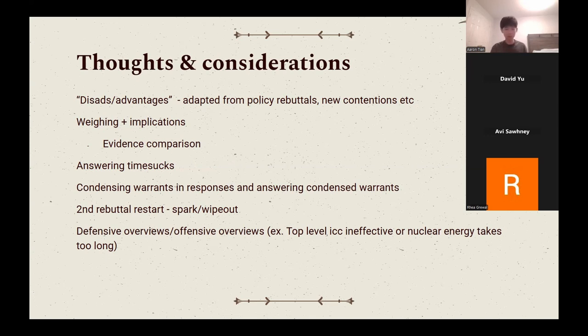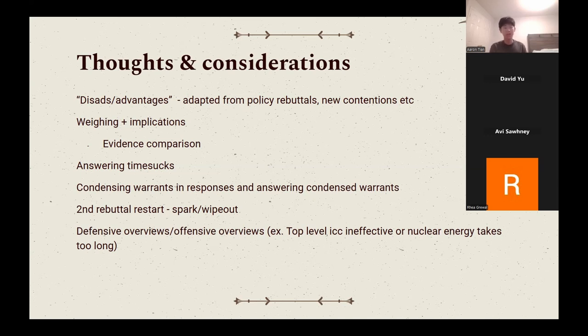Okay. Yeah, and the next thing I was going to get into is weighing and implications. So every piece of offense that you read in the round should be weighed and implicated. And that's obviously how the offense is going to be evaluated through the lens of the judge. But one really strategic thing you can do inside of your rebuttals is to implement the weighing and implications earlier on, right?